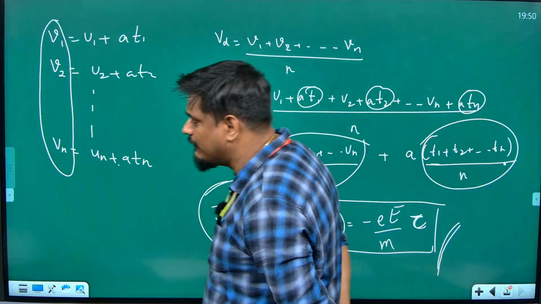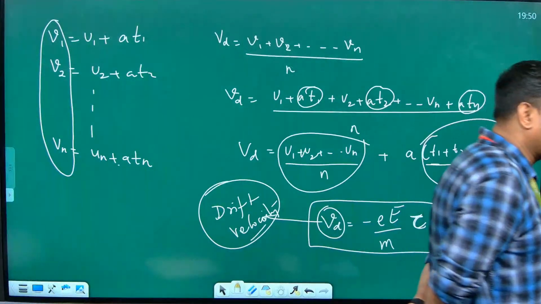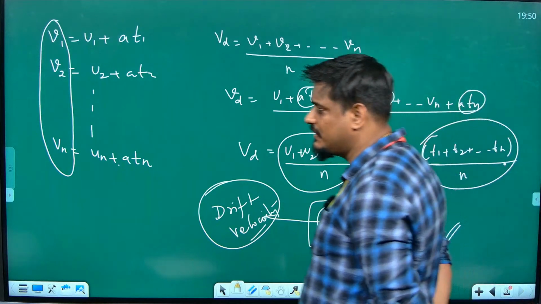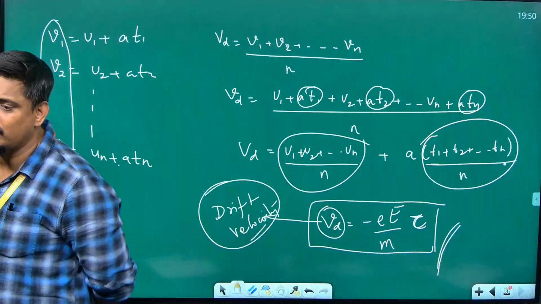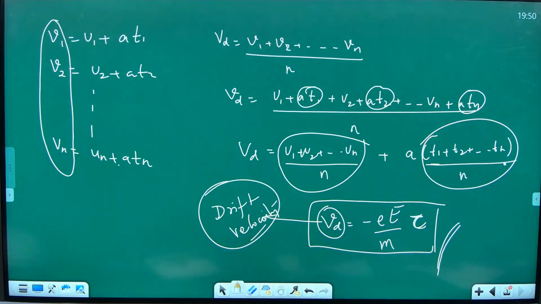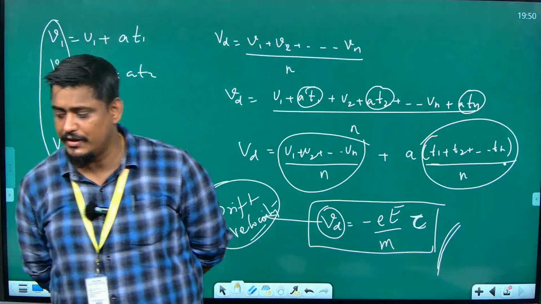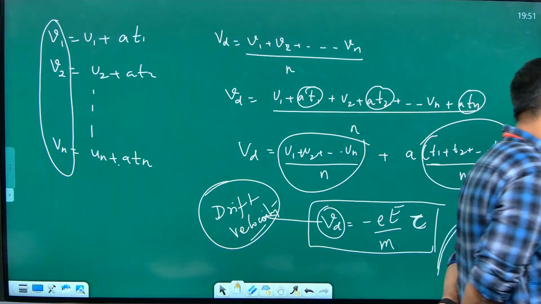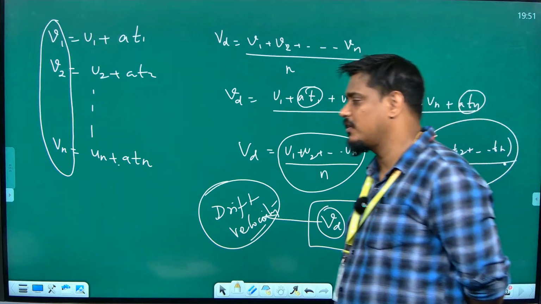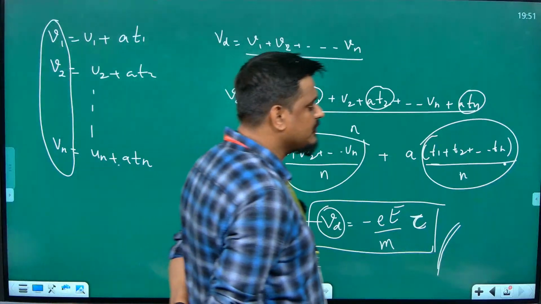It is the average of all the velocities with which the electrons are drifted against the direction of electric field.